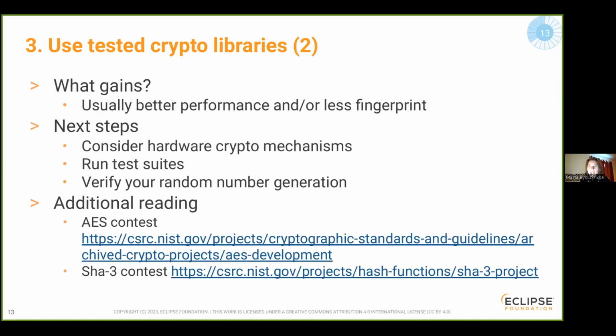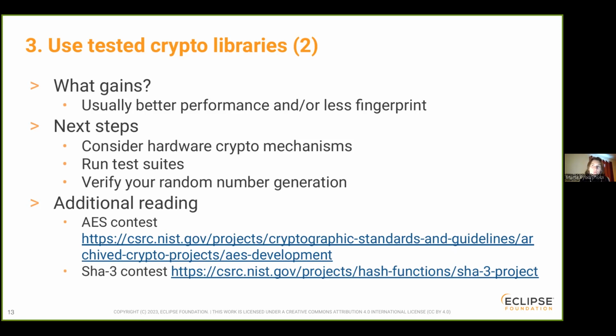Now, what do you gain from a well-tested crypto library? Usually you get better performance and less footprint. So it's a good reason to do so. Sometimes you may have a little bigger footprint than you would when implementing it manually because of the mitigations for different kinds of attacks.